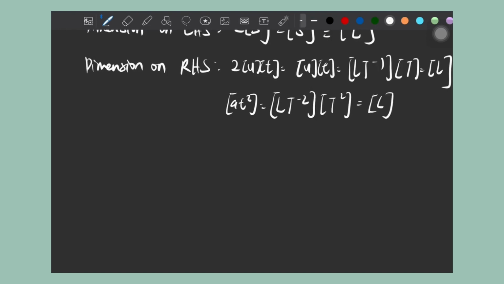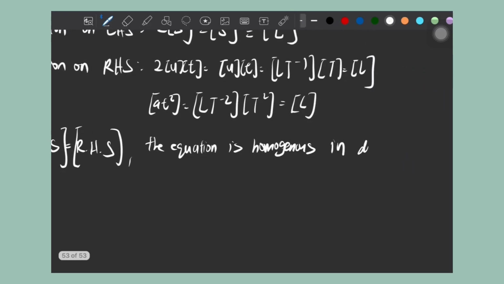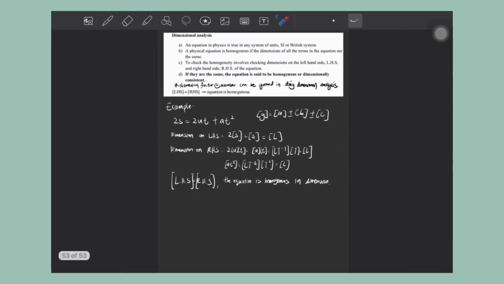Since the dimension of the left hand side and the right hand side is the same, we can say that the equation is homogeneous in dimensions, or dimensionally homogeneous.